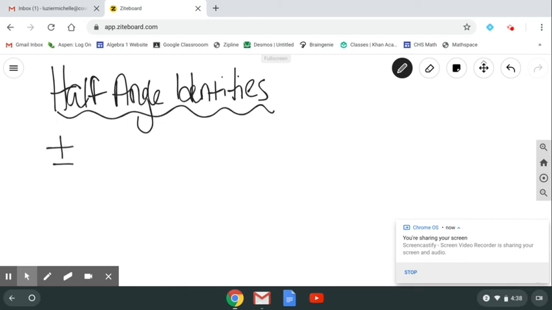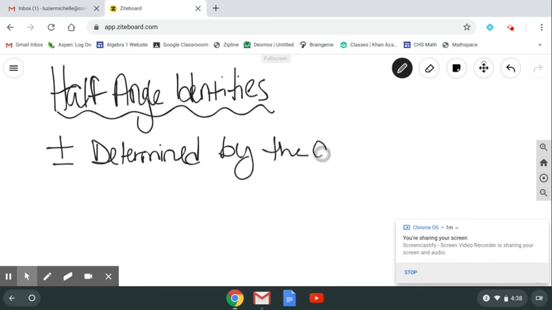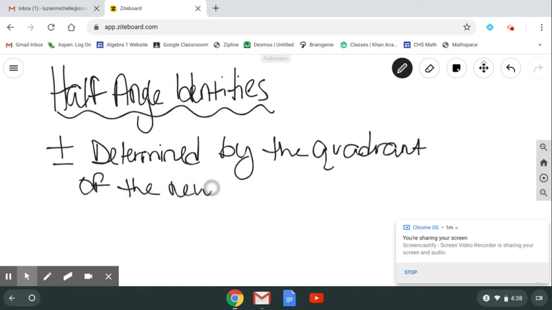At the very beginning, you can determine if your answer is going to be positive or negative, and that is determined by the quadrant of the new angle, the new half angle. So it's determined not by A, but by the new half angle. And you'll see what that means as we walk through these 3 examples that I have to do with you.